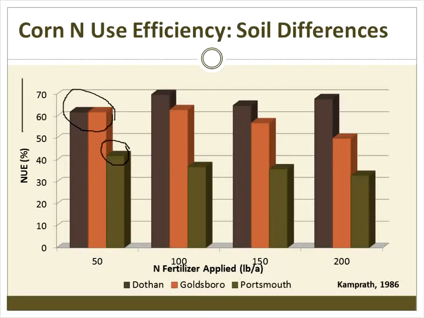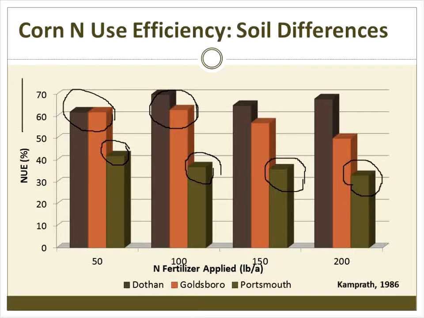As the amount of nitrogen applied increases, we see that in the Dothan and Goldsboro, it's about the same or a little higher nitrogen use efficiency than we saw at 50, but the Portsmouth has started declining. At 150 pounds, we have even lower nitrogen use efficiency in the Portsmouth, and at 200 pounds, we have the lowest nitrogen use efficiency in the Portsmouth.